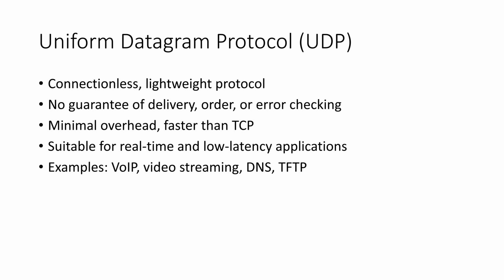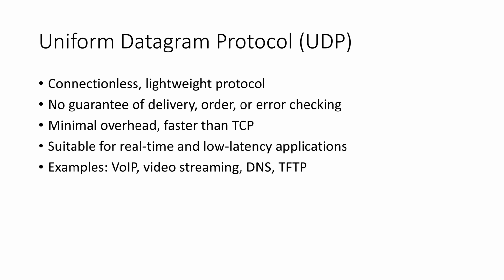Without the extra overhead of connection management and error checking, UDP is ideal for applications where speed is more important than reliability. For instance, in voice over IP or VoIP or video streaming, it's better to skip a few data packets than to delay the entire stream waiting for lost packets to be resent.